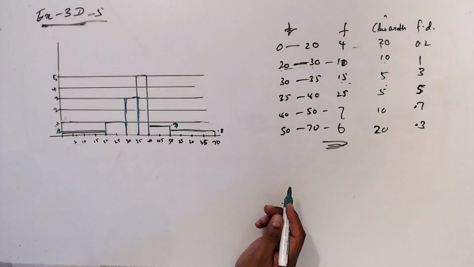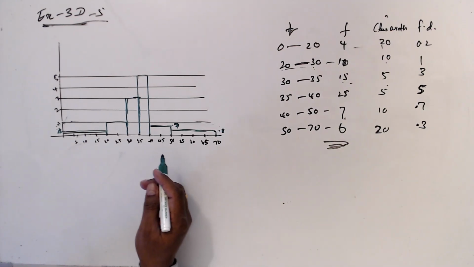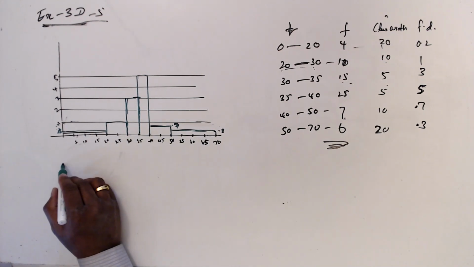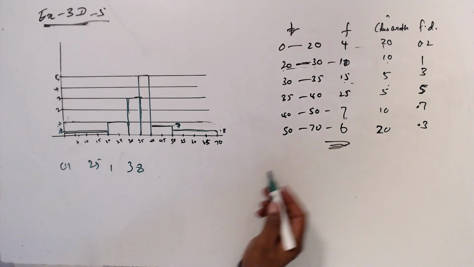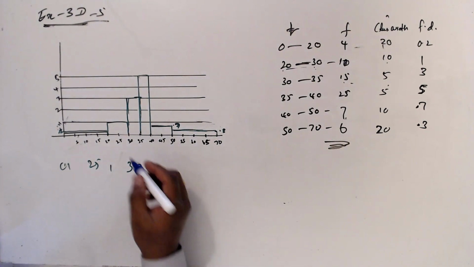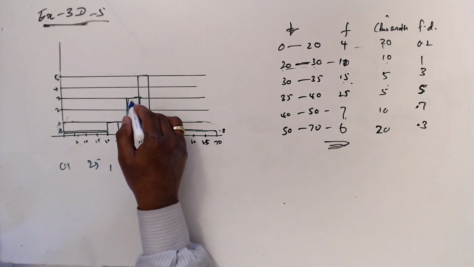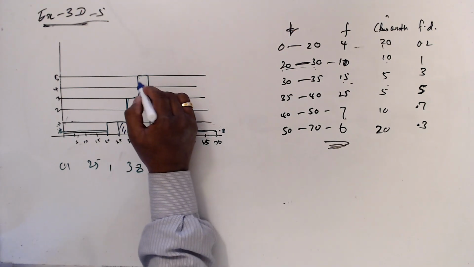Now the last question is going to be, estimate the number of passengers between 25 to 38. So 25 to 38 number of passengers. So in that case 25, then up to whole this one, half of this one, and 38.